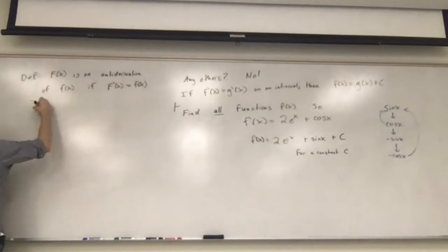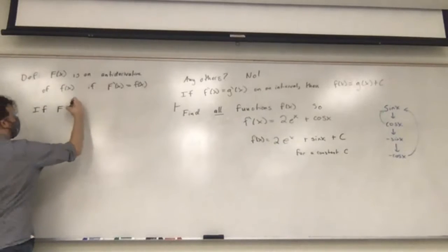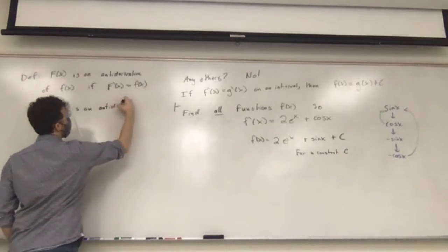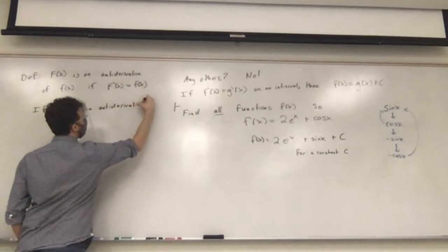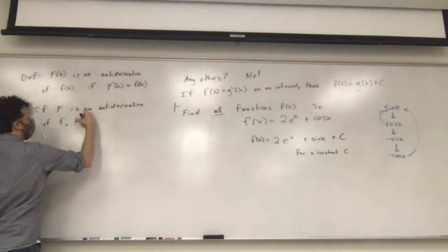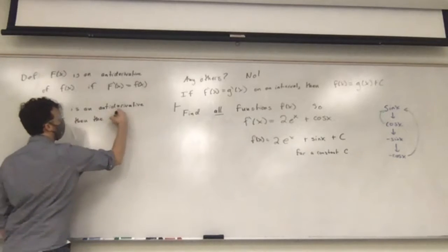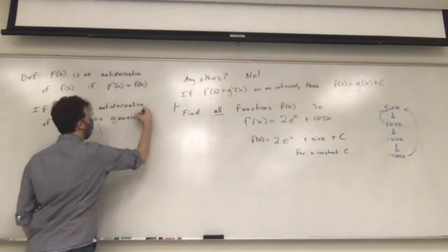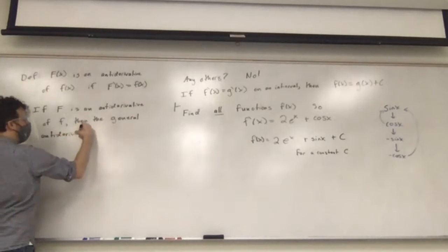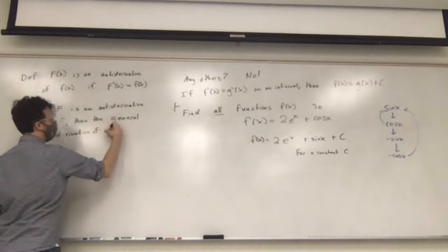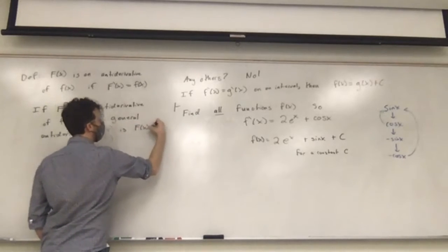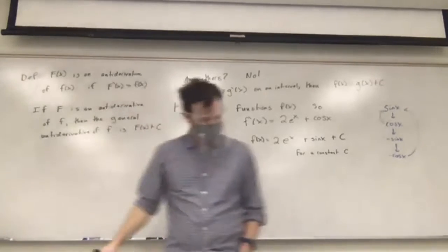So we'll also say that if capital F is an antiderivative of little f, then what we'll call the general antiderivative of f is the capital F of x plus c.